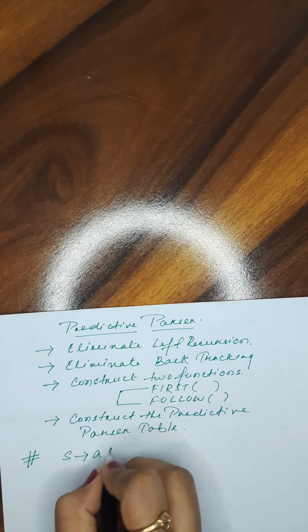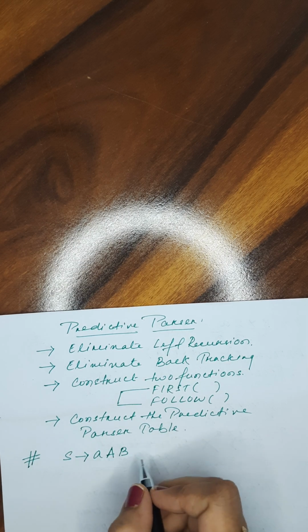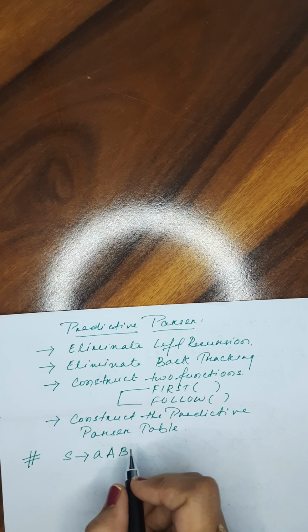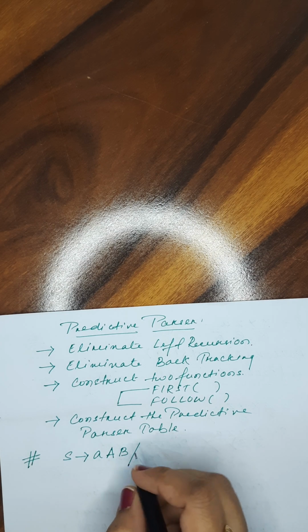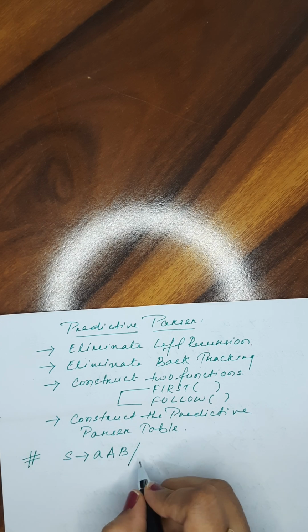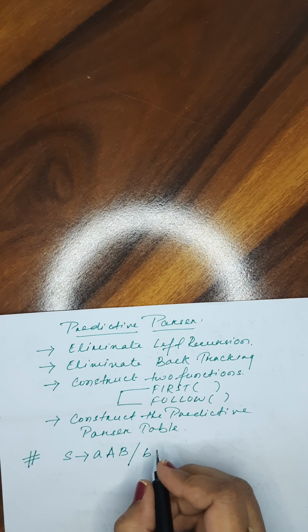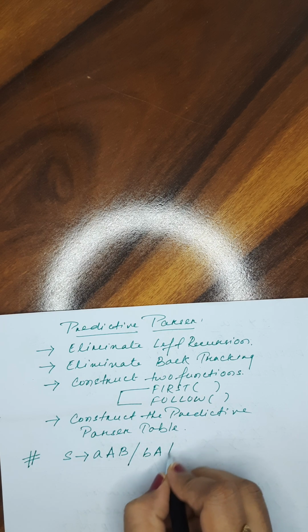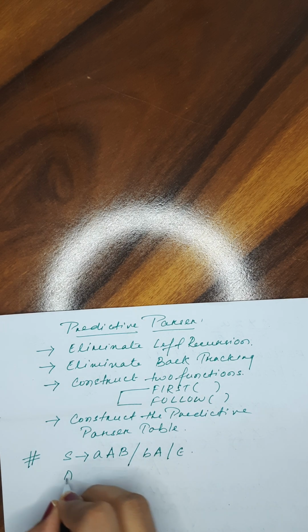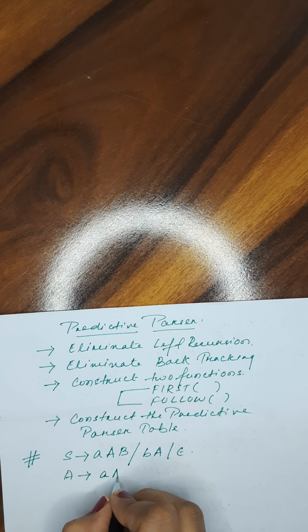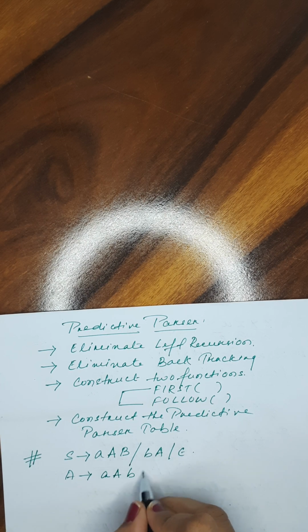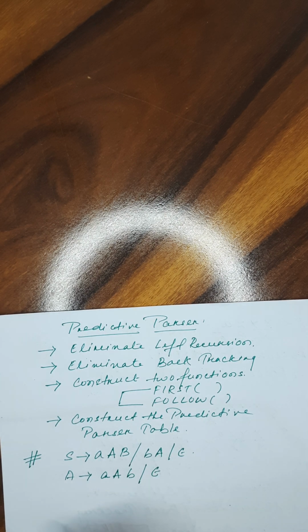S tends to A B or B A or epsilon. Capital A tends to small a, capital A... B. You have to be very particular about the terminals and the non-terminals.